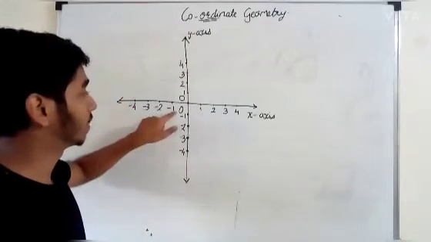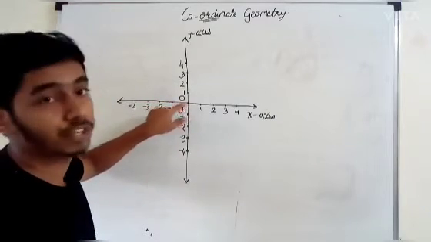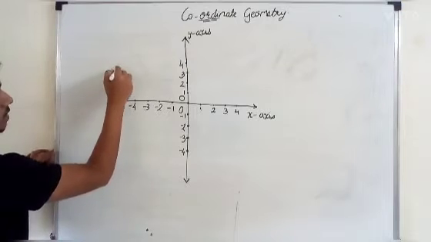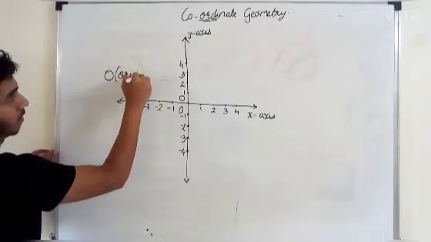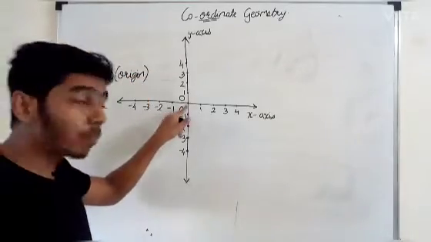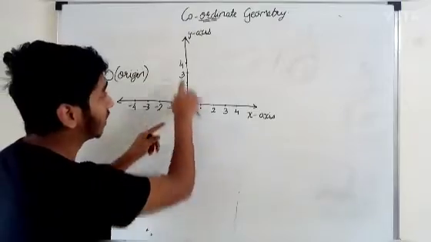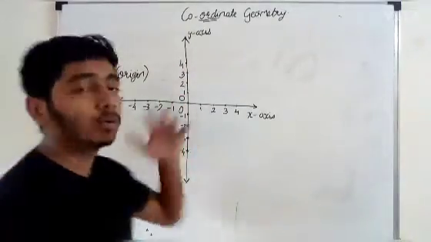The center is 0 and it is represented as the origin O. This O indicates the origin, the point from where these two axes originate.